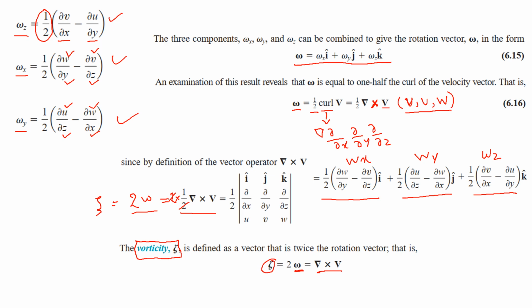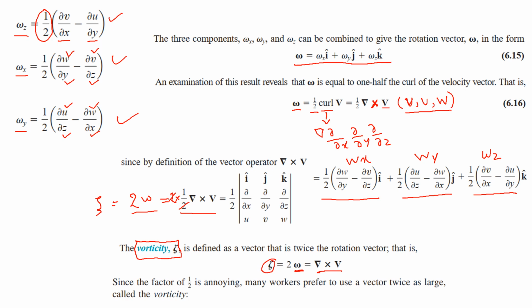So why are we multiplying by 2? Just to make it a little bit neat. There is no significant reason behind this, but the scientists that like to use this vorticity equation like to have it this way. Since the factor of 1 by 2 is annoying for them, many workers prefer to use a vector twice as large called vorticity.